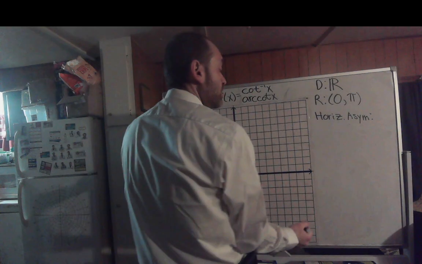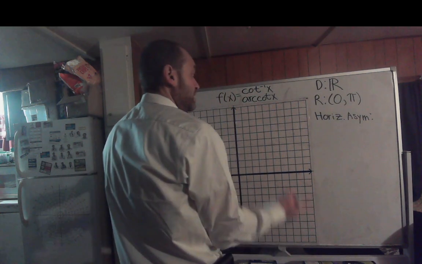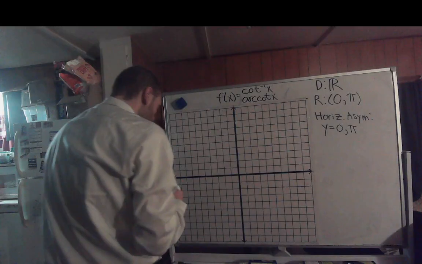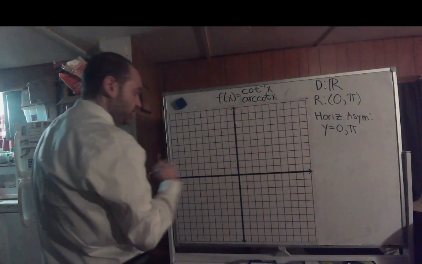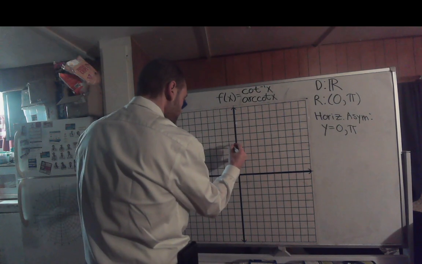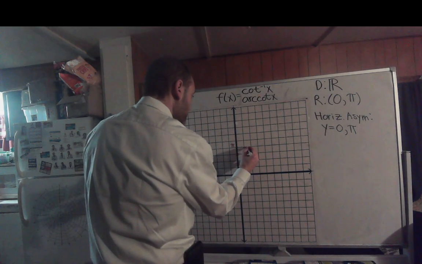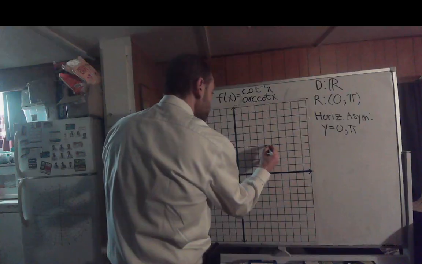Your range is from 0 non-inclusive to pi non-inclusive, which means your horizontal asymptotes can be found at y equals both 0 and pi. So here's 0, that'll be a horizontal asymptote. Let's do pi. So you have another horizontal asymptote at y equals pi.